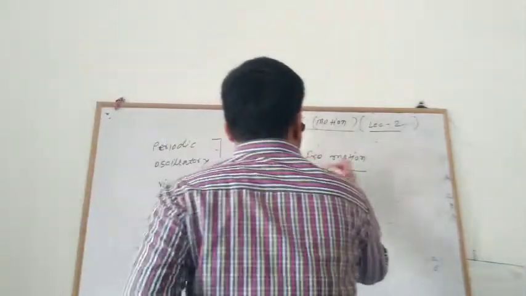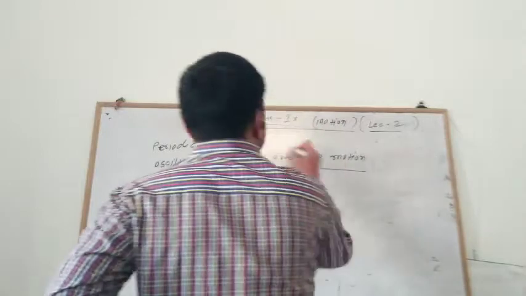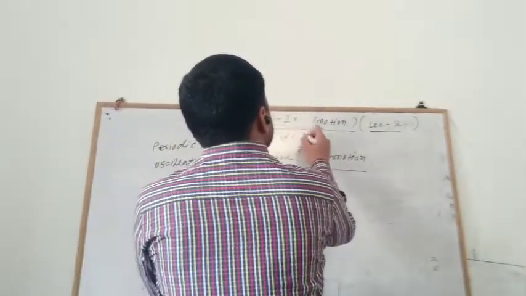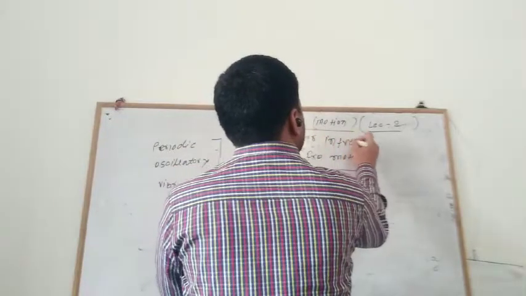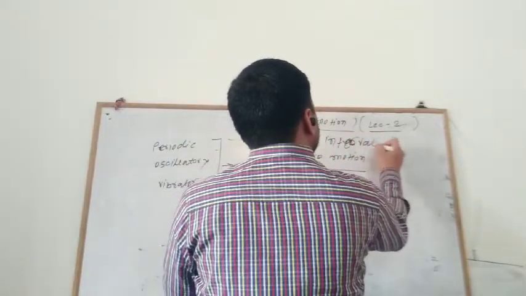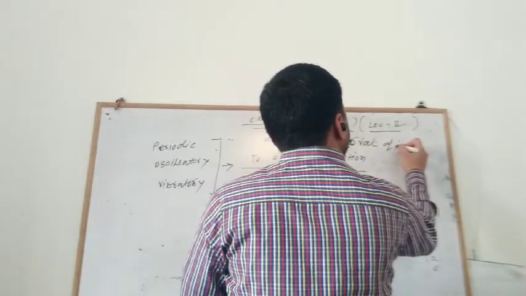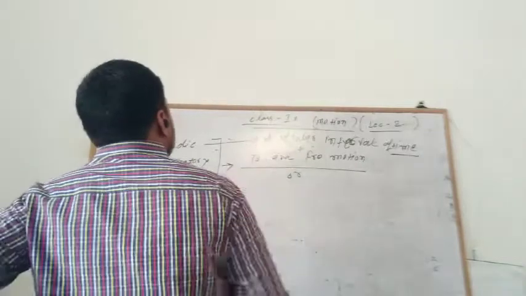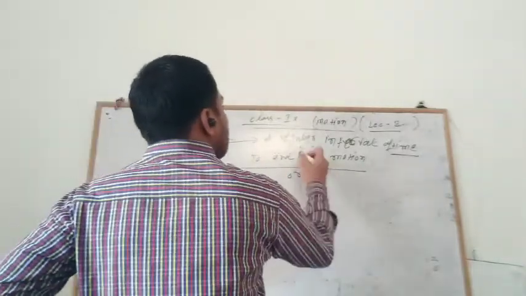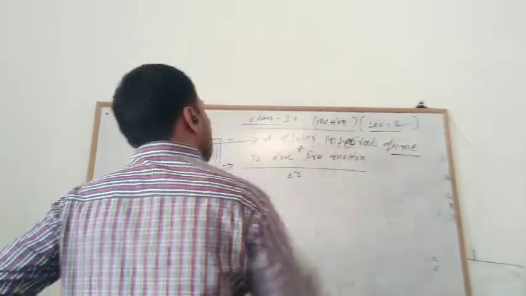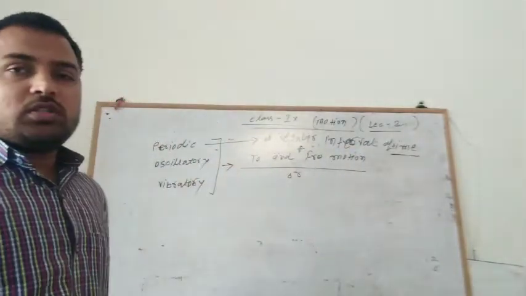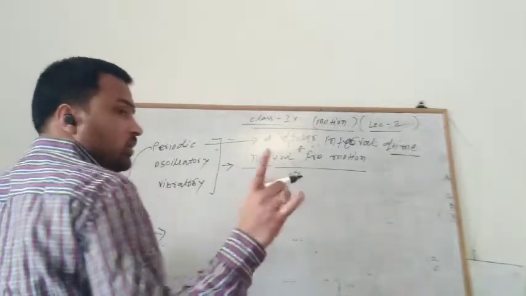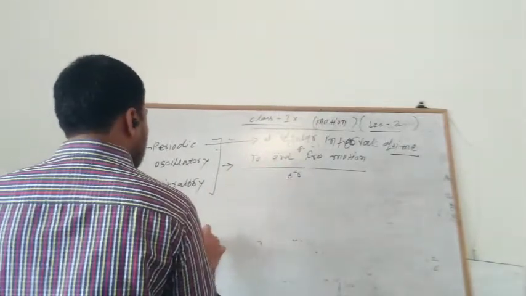So when to and fro motion occurs at a regular interval of time, it is called periodic motion. Periodic motion has another type, that is non-periodic.